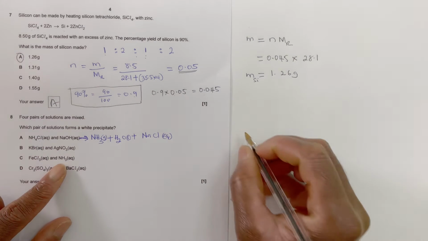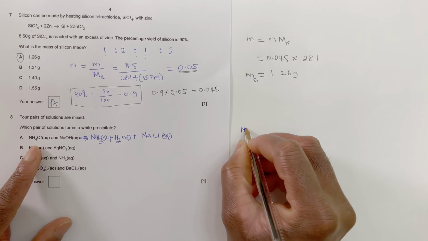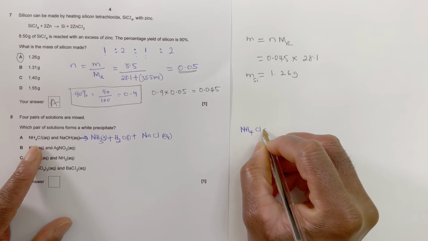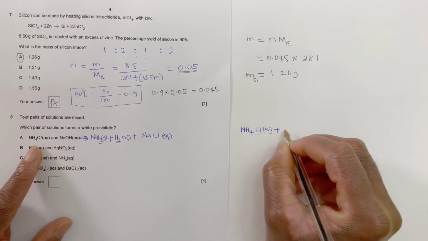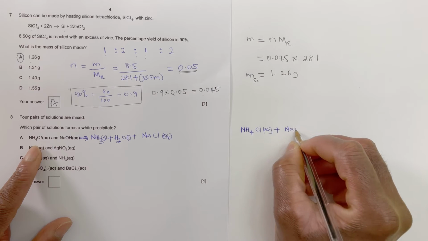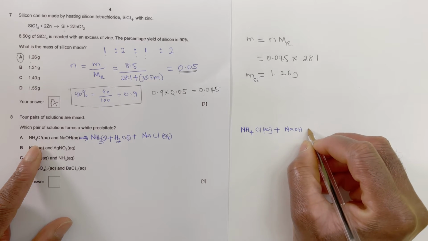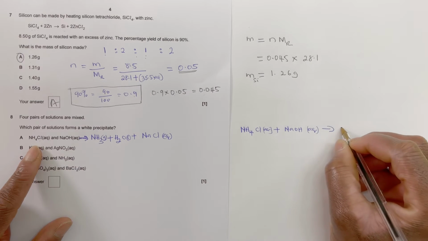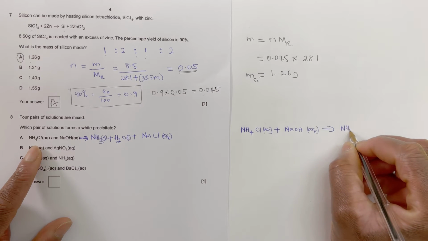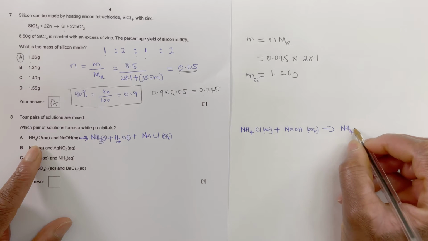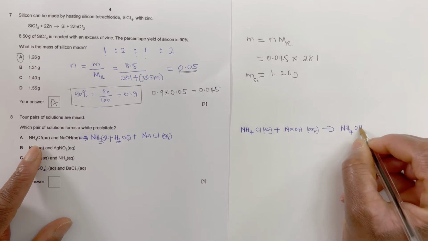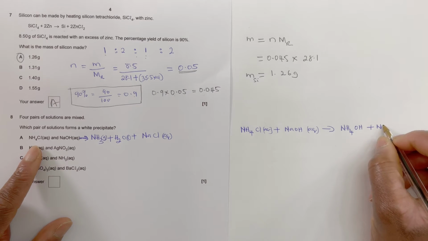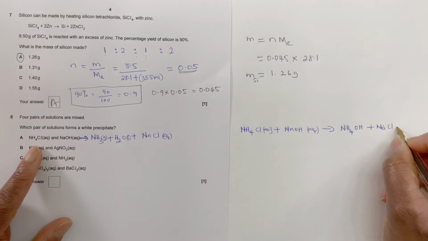So that's a gas. If I write the reaction here, ammonium chloride, aqueous, plus sodium hydroxide, again aqueous. Well, that actually will form ammonium hydroxide plus sodium chloride.